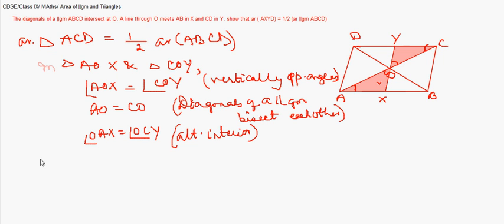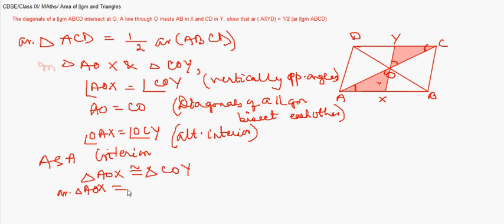Thereby applying ASA criteria, triangle AOX is congruent to triangle COY. If these two triangles are congruent, their areas will be equal. Area of triangle AOX will be equal to area of triangle COY.